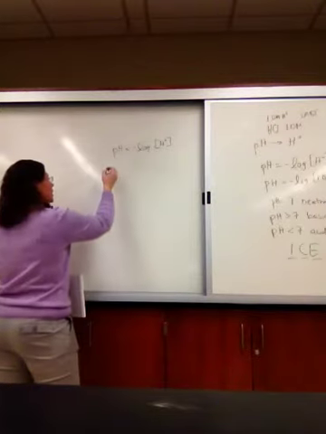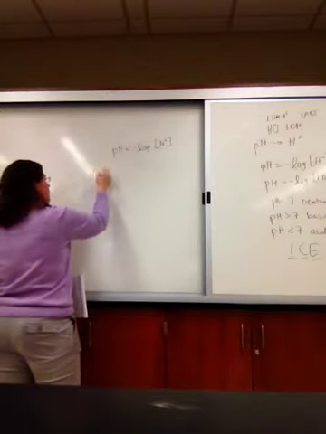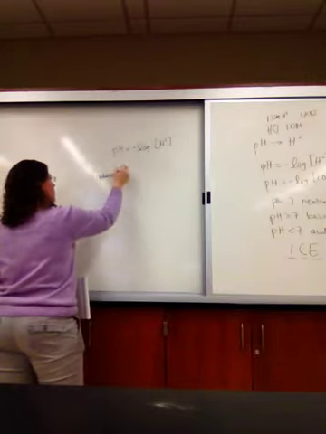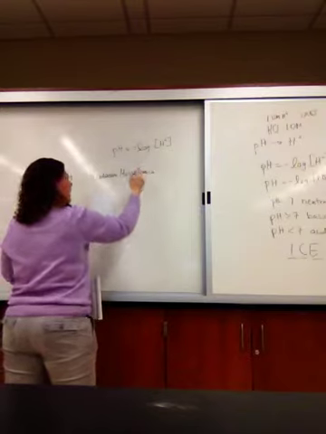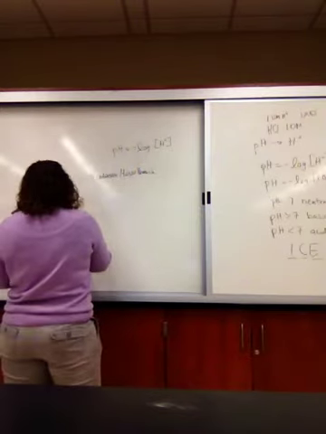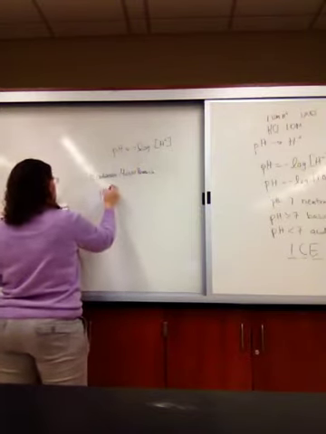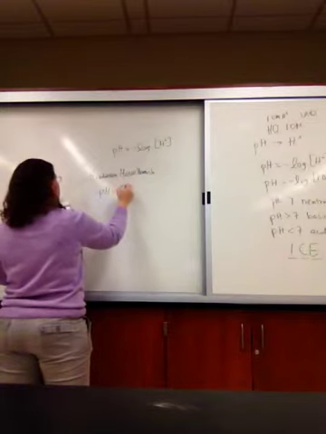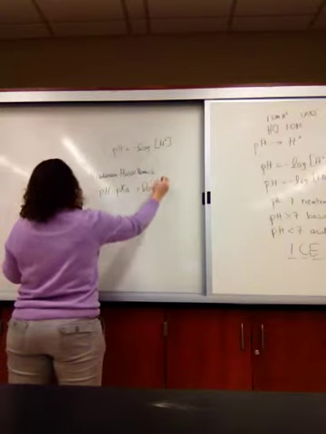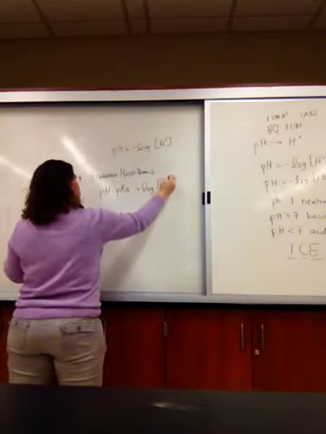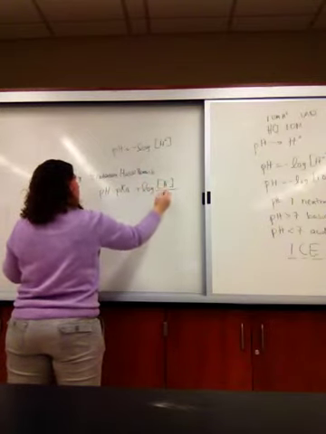So the Henderson-Hasselbalch equation is pH equals the pKa plus the log of the base over the acid.